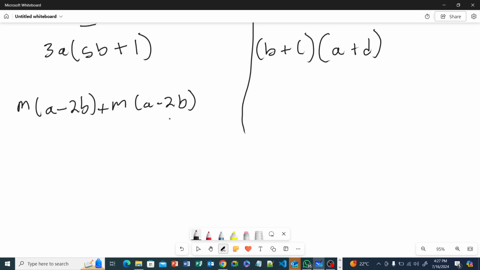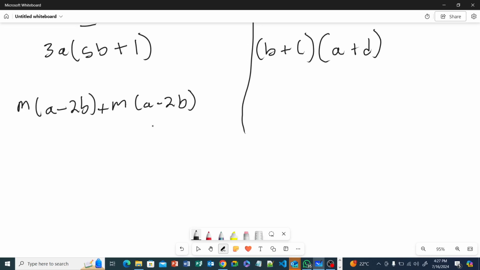You factorize the highest common factor. The highest common factor in this case is a minus 2b. But now, I'm sorry, this should be n, not m, because otherwise they would just have to add them. So now you have n.